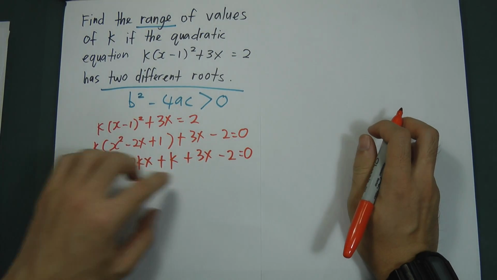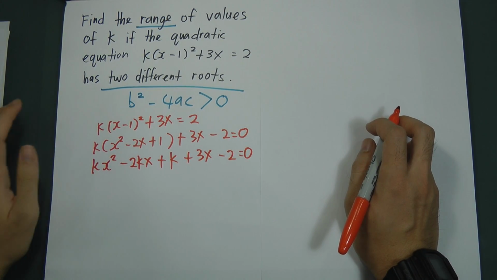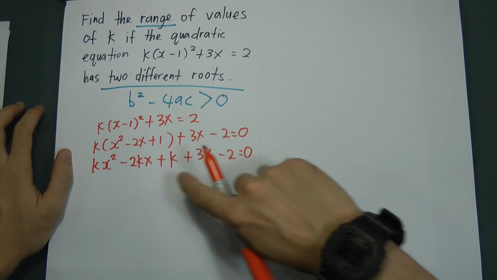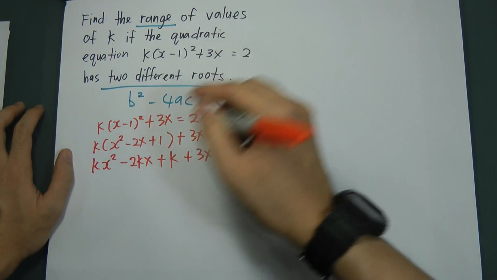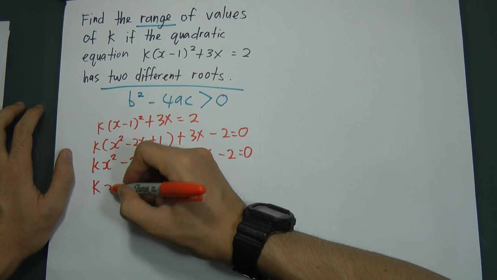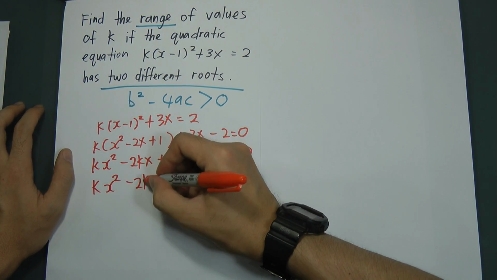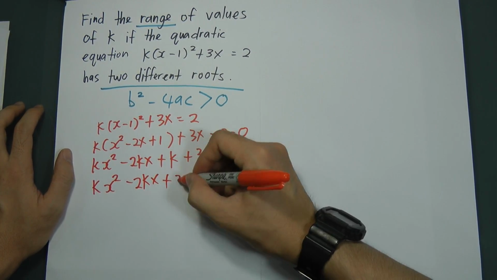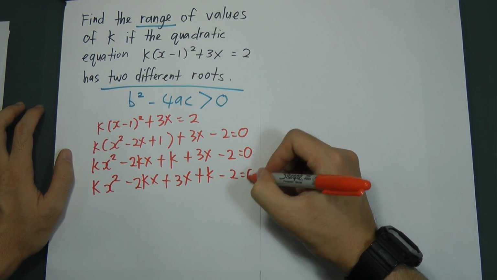Okay, in order to put it in ax squared plus bx plus c equal to 0, which is the general form I mentioned just now, I have to put those with x together, and those that do not have x together. So this is kx squared minus 2kx plus 3x plus k minus 2 equal to 0.